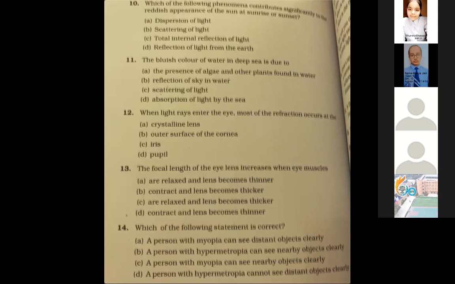Ma'am, because light is coming from a rarer medium to a denser medium. That's why. Suppose, just a minute. You are telling me that light is coming from a rarer medium to a denser medium. Suppose light is coming from denser medium to rarer medium, then refraction will not take place. Ma'am, then also refraction will take place.